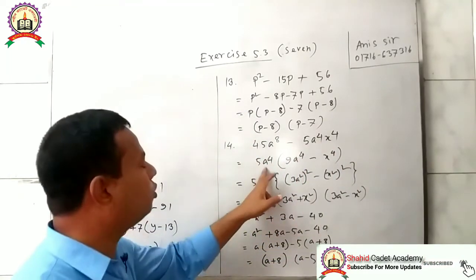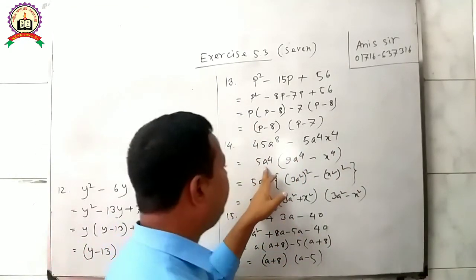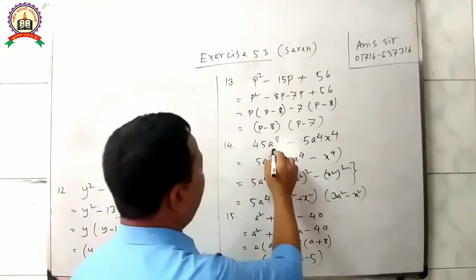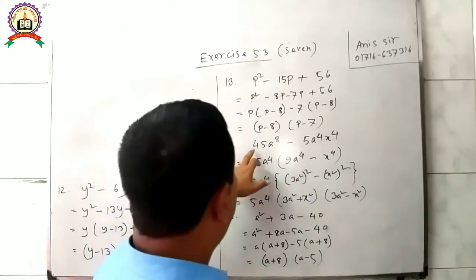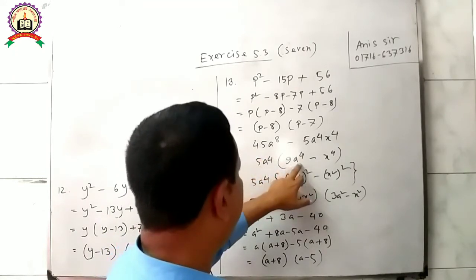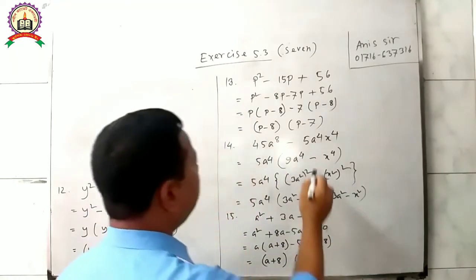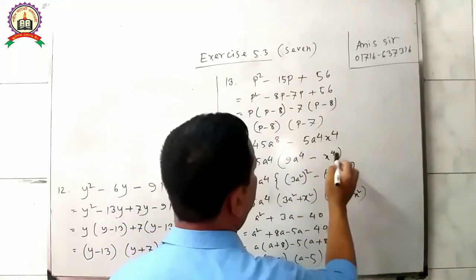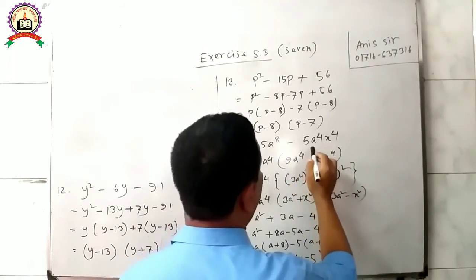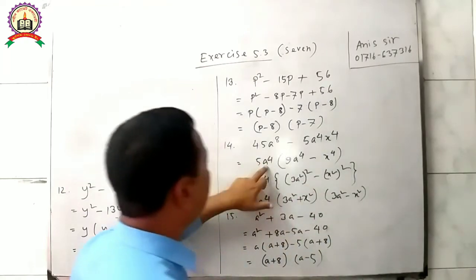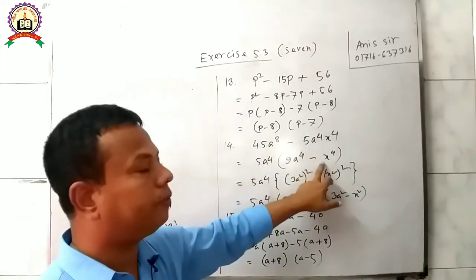Taking 5a4 as common, 45a4 divided by 5a4, we get 9a4. Minus, in this term, 5a to the power 4 into x to the power 4 divided by 5a4, we get x to the power 4.